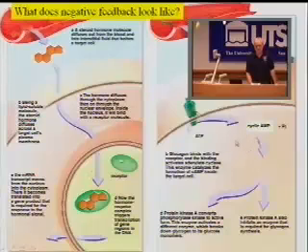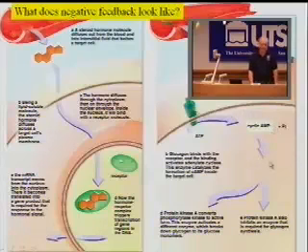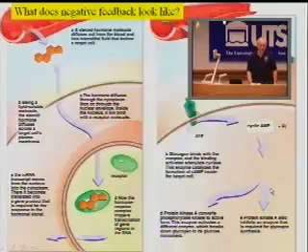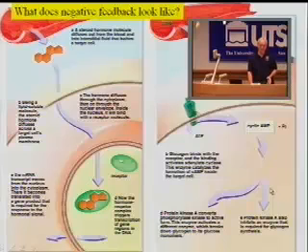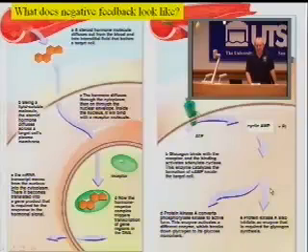In the case of this example, the cyclic AMP, there is a cyclic AMP response element binding protein, or CREB, and cyclic AMP will activate a protein kinase that will phosphorylate that CREB, and we'll talk about that in more detail later. And then once the CREB is phosphorylated, it has permission to go to the nucleus and can bind to the CRE, the cyclic AMP response element, on the target genes.